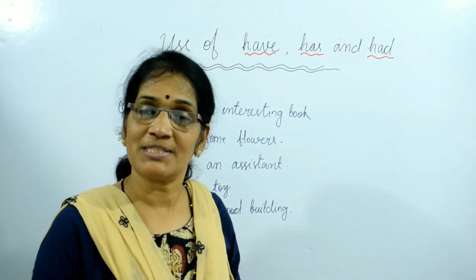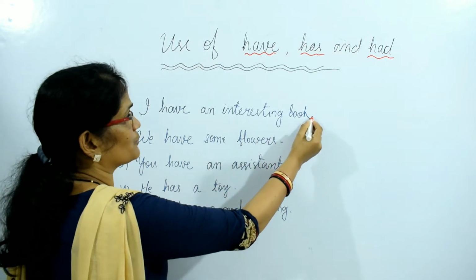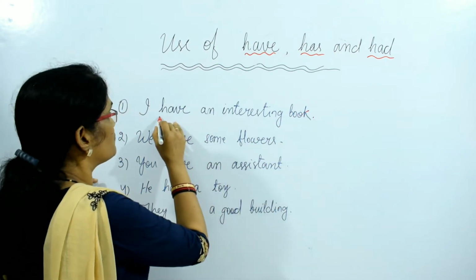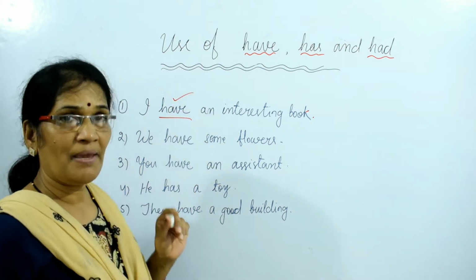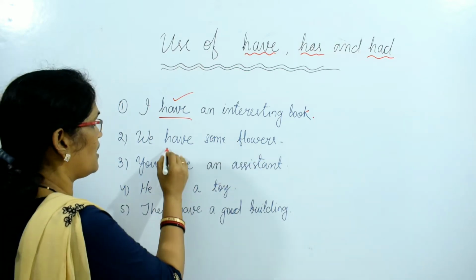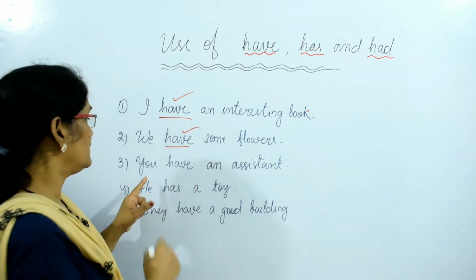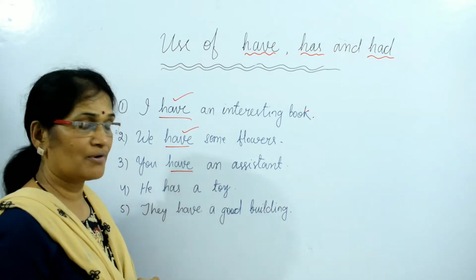They are used as main verbs. I have an interesting book. Here have is one verb and that is the main verb. We have some flowers. Have is the main verb. You have an assistant. Have is the main verb.